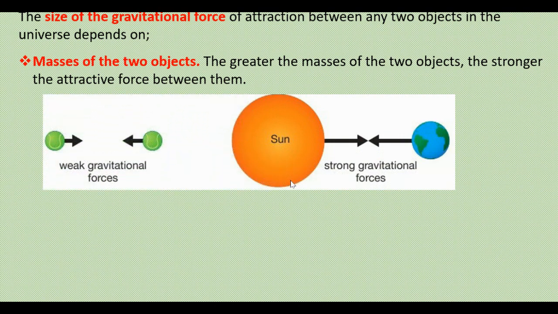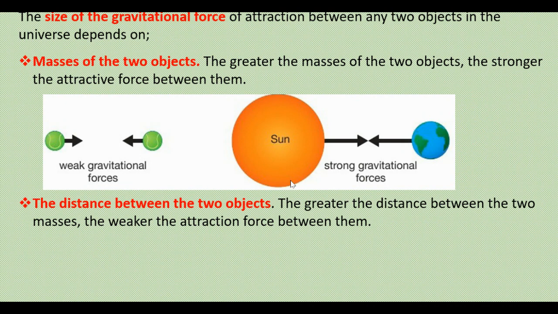In this diagram, we can see two small bodies, and between them we have a weak gravitational force of attraction. However, the force of attraction between the sun and the earth is very strong due to their big sizes.